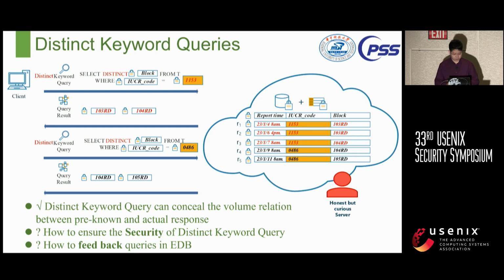So if we want to conceal the volume pattern in distinct queries, we can hide how many response lengths come from the encrypted database, in other words, the combination between keyword and repetitive values. If we can achieve this, we can make safe distinct keyword queries in encrypted databases.